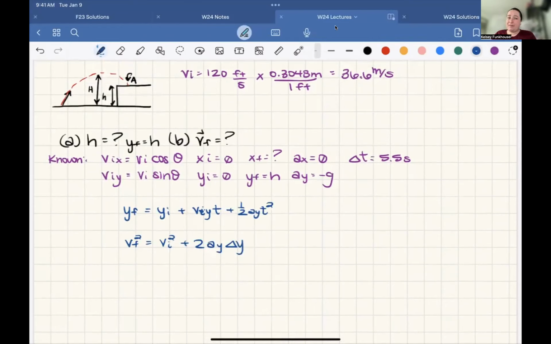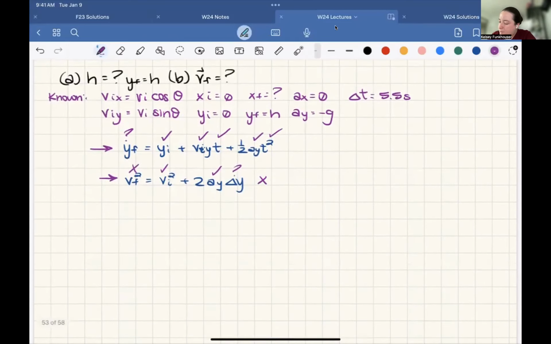The other equation doesn't have the displacement or y in it, so that one won't work for us. But I'm just going to show you why I go straight to the long kinematics equation in this situation. We know the initial velocity, we know the acceleration, we want this, but we don't know the final velocity at this point, so this equation is not helpful yet. And then we do know the initial position, initial velocity, time interval, acceleration, and we just want y final. So we're going to use the long kinematics equation.